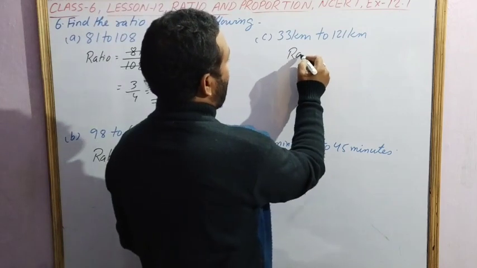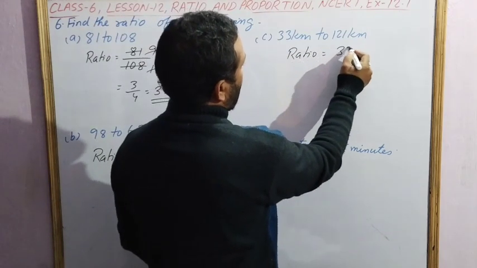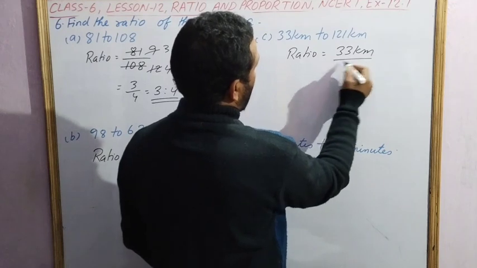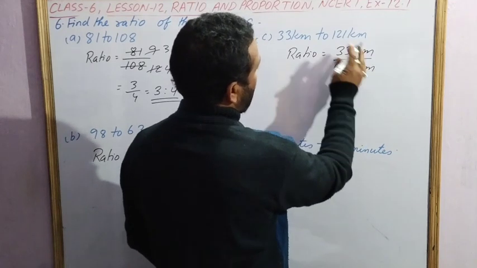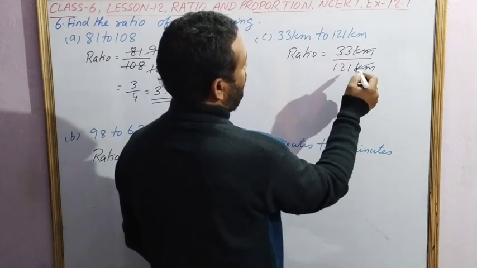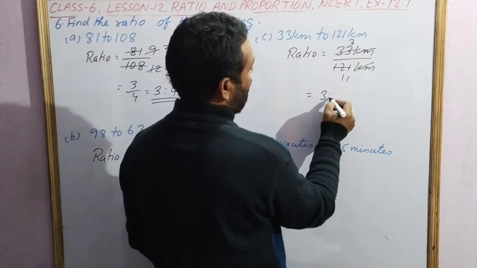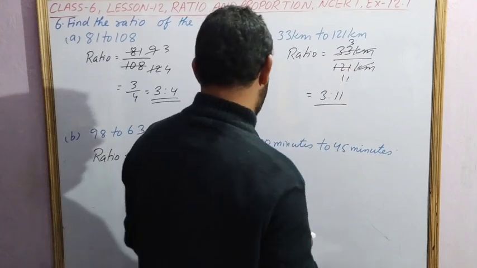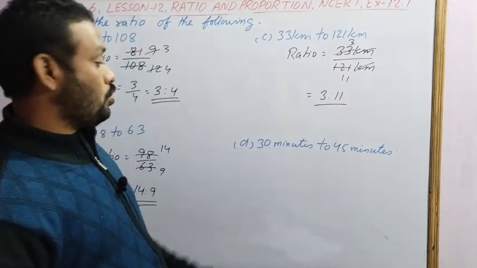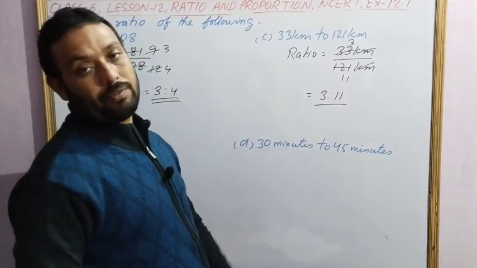So the ratio we will write as 33 km by 121 km. It is divisible by 11. Kilometer we will cancel. 11 times 3, 11 times 11. So the ratio will be 3:11. In D, we have to find the ratio between 30 minutes to 45 minutes.